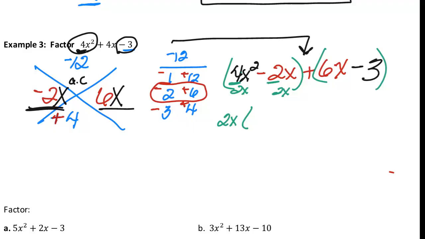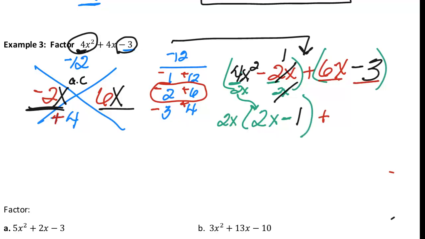So 4 divided by 2 gives you 2. And x squared divided by x gives you x. Minus, what is 2x divided by 2x? Yeah, that simplifies to a 1. So that one is 1.